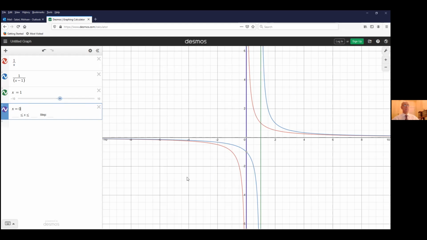So notice that x equals 0, this dark blue color, at least I see a dark blue in my calculator, is the asymptote for f. The green right here is the asymptote for g. So between this asymptote and this asymptote, look, the graph of red, which is f, is above the graph of green, which is g.